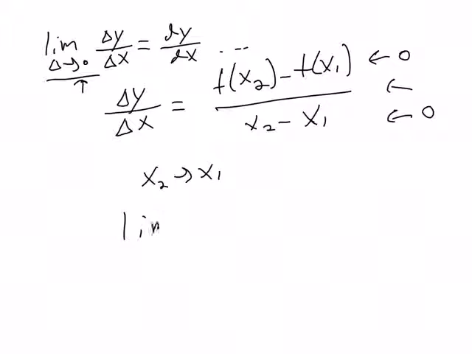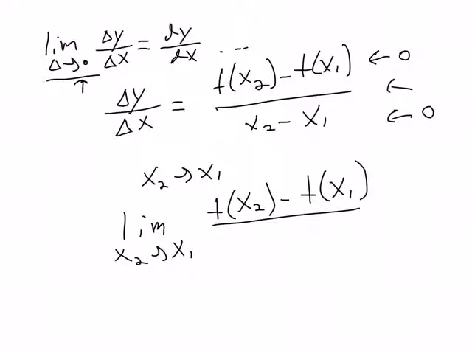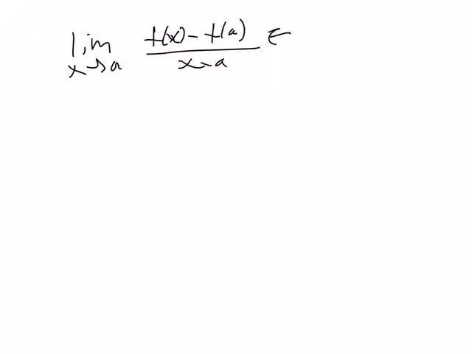So we have to take the limit as x2 goes to x1 of f of x2 minus f of x1 over x2 minus x1, or we can just say take the limit as x goes to a of f of x minus f of a over x minus a. So we're approaching the point a and we're finding the tangent line to the point a.